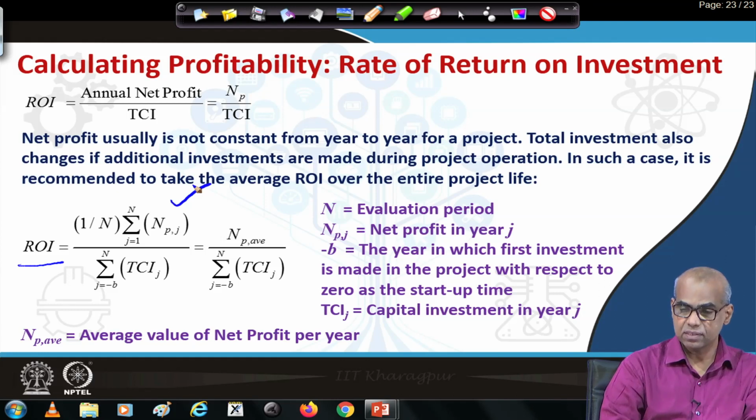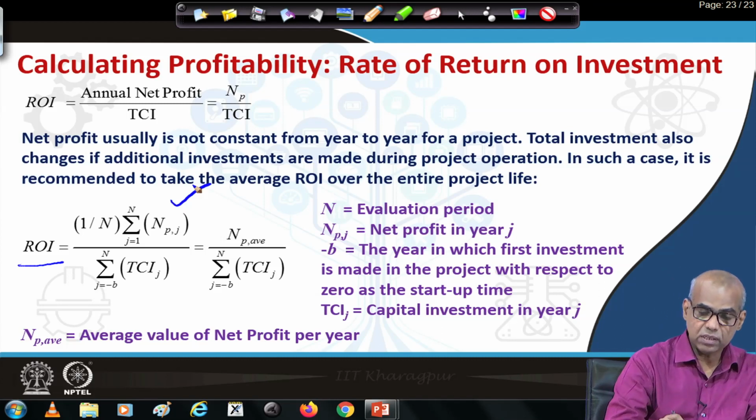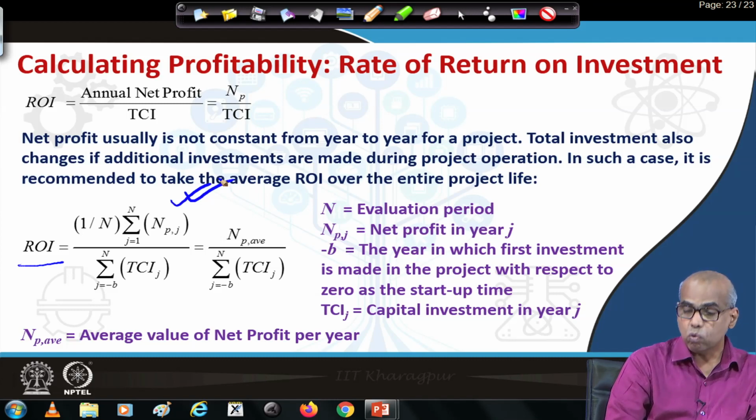So, what I get is the average value of the net profit per year, or average annual net profit. So, this is in the numerator, and in the denominator we are taking the total investment over the entire project life.